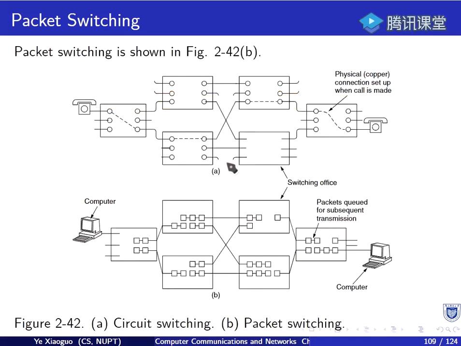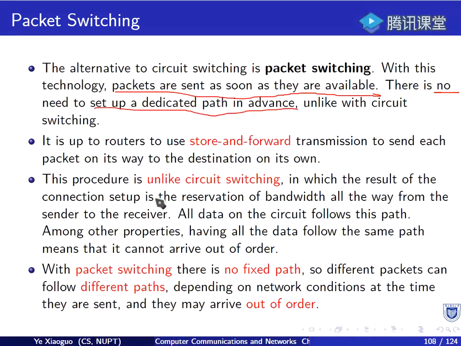Now, this procedure is unlike circuit switching, in which the result of the connection setup is the reservation of bandwidth all the way from the sender to the receiver. All data on the circuit follows this path. Among other properties, having all the data follow the same path means that it cannot arrive out of order.